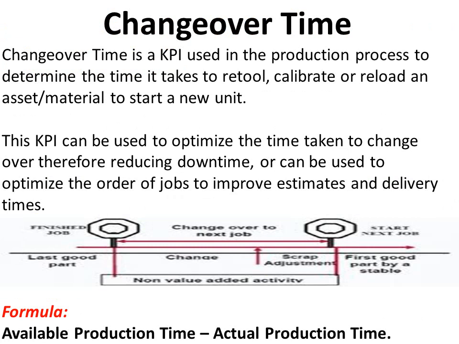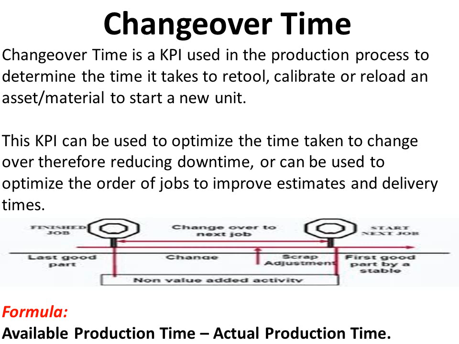In today's presentation, this is our last KPI which we are going to talk about. This is called changeover time. What is changeover time? It is a KPI used in the production process to determine the time it takes to retool, calibrate, or reload an asset or material to start a new unit or a new process.